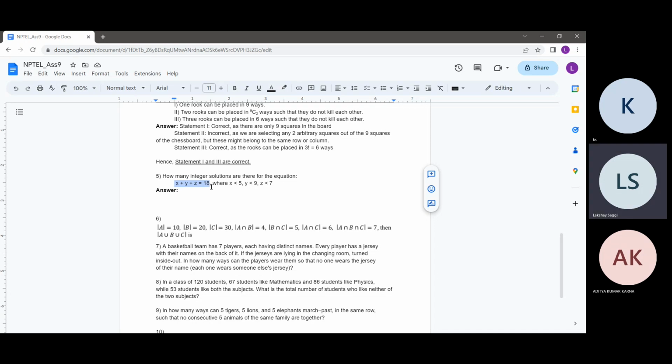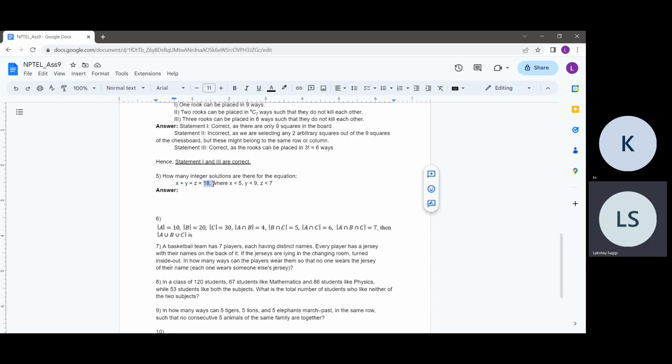The answer comes out to 20C18, because there are 3 numbers and 18 of these. So 18 plus 3 minus 1, C18, is 20C18 or 20C2.